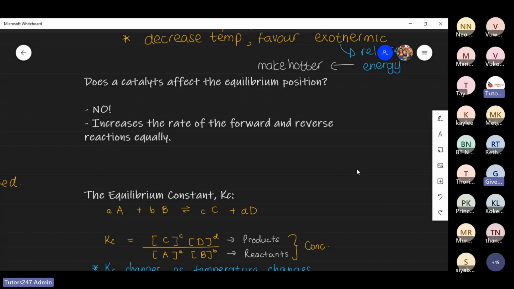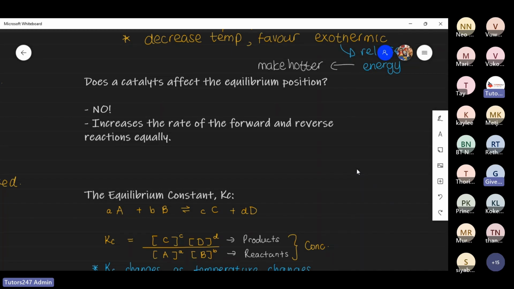When a catalyst is added to a reaction that is already in equilibrium, the rate of the forward reaction will increase equally with the rate of the reverse reaction, which means forward equals reverse. It's just going to increase the rate of the forward reaction at the same speed that it's increasing the rate of the reverse reaction.